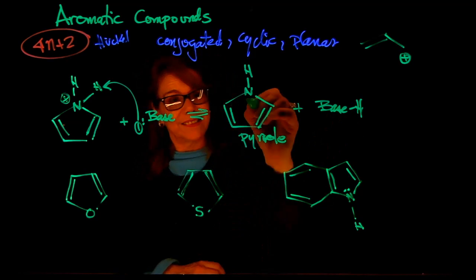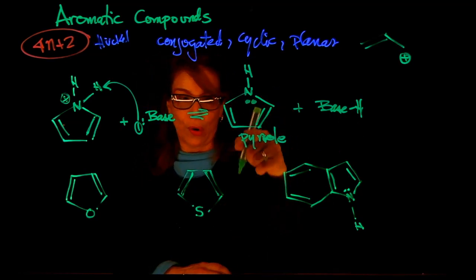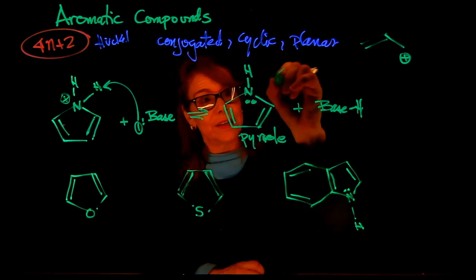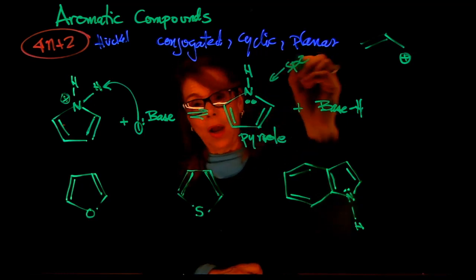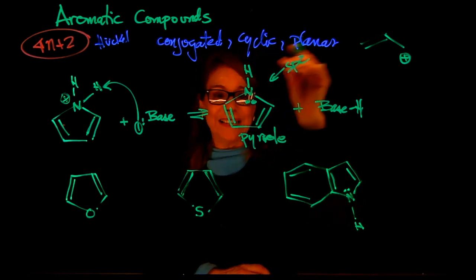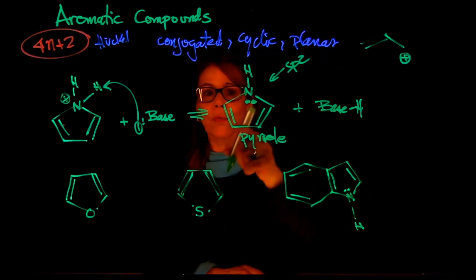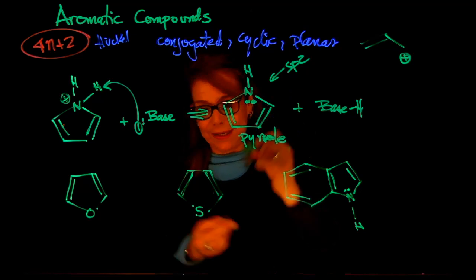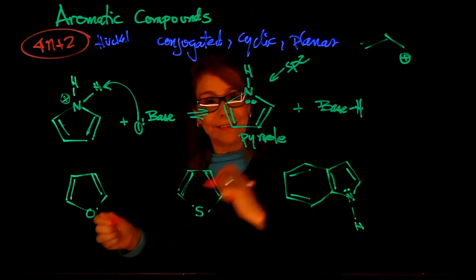So notice this compound, as we determined before, is conjugated and cyclic. Everything here is sp2 hybridized, so it's a fully conjugated system. Conjugated, cyclic, planar, and 4m plus 2 electrons, because we count those. These are delocalized, so pyrrole is aromatic.